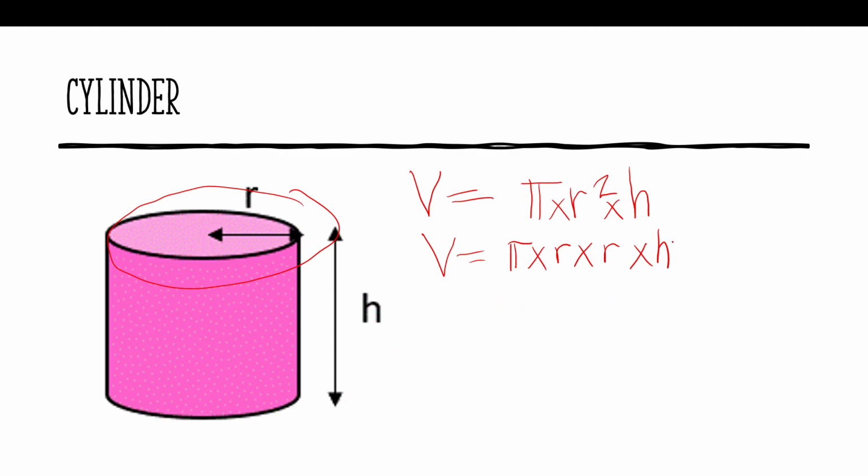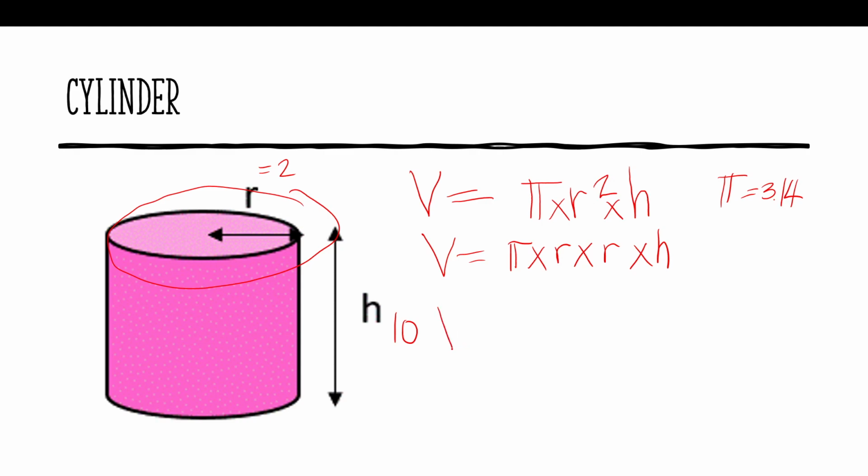So, tingnan natin. So, si pi ay laging 3 and 14 hundredths. Mula grade 4, grade 5, tinuturo na yun. So, dapat kabisado nyo na yun. Si pi ay laging 3 and 14 hundredths, hanggang hundredths place value na estimation. Lagyan natin ng value. Si radius daw ay 2 units at si height ay 10 units.